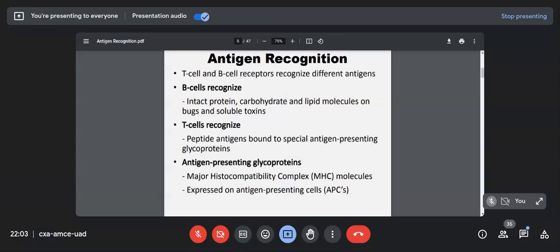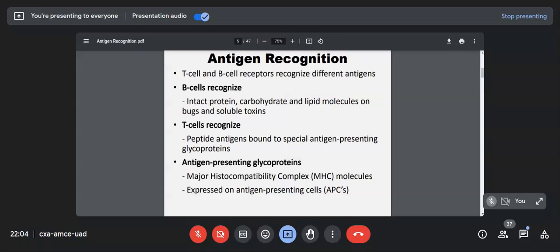To be very specific about antigen-presenting glycoproteins, what we have in human bodies is known as the major histocompatibility complex. For short, that word is too complex, like its name. So the name of that antigen presenting glycoprotein in human beings is the major histocompatibility complex, MHC.